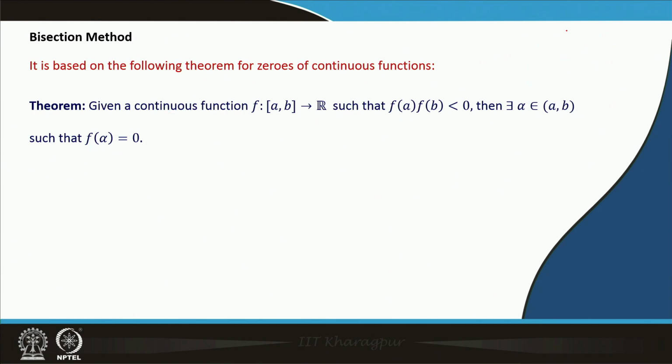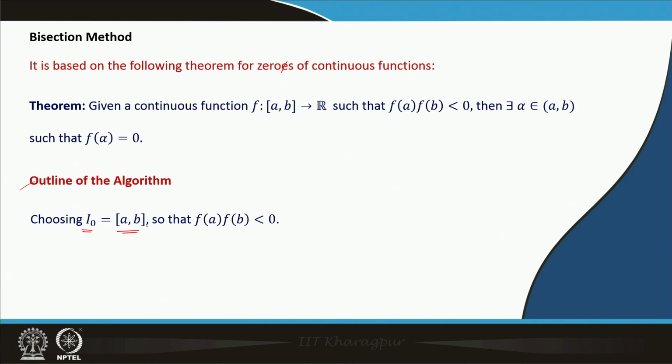Based on this principle, we will develop an algorithm to find zeros of a continuous function, and the outline of the algorithm is as follows. We choose the interval I_0, that is the whole interval [a, b], which makes sure that there is a root in the interval [a, b].